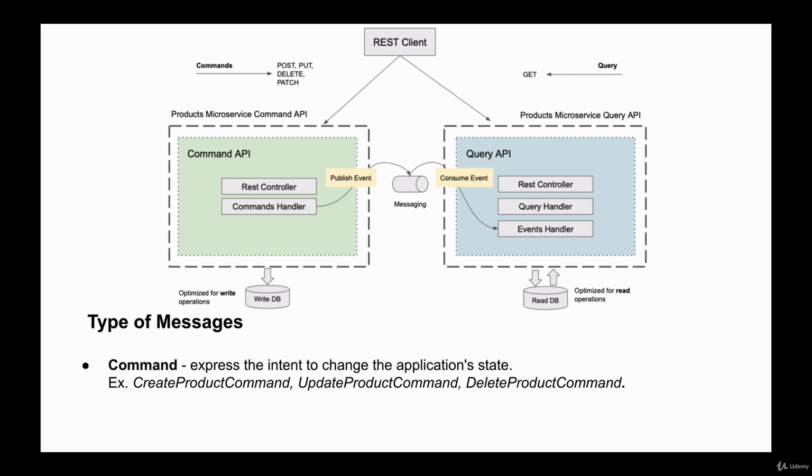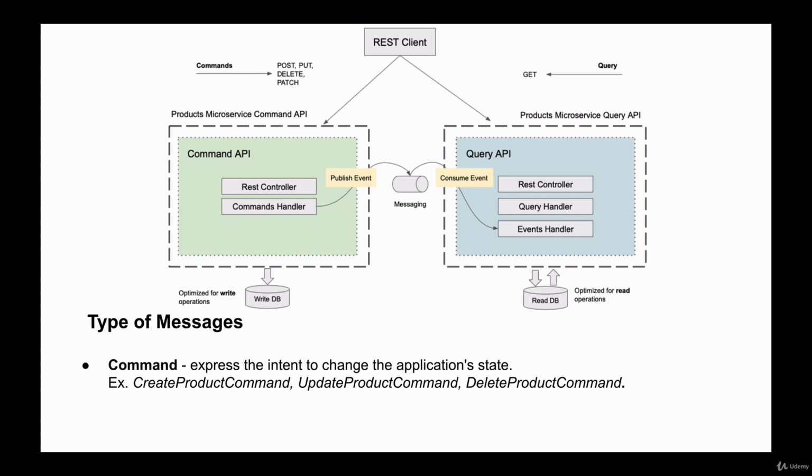Because a command is an intent to make a change, it's usually named in the imperative tense. For example, create product command, update product command or delete product command. And as you continue with this video course, you will learn how to create and how to use command messages. But for now, just try to notice the difference between the command and the other types of messages.